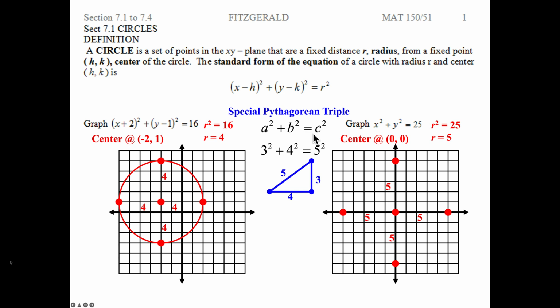And because your 5 is the radius, which could also be the hypotenuse of a right triangle, we have this special Pythagorean triple called the 3, 4, 5 right triangle. The 5 will always be the hypotenuse, the 3 and the 4 will be the legs. So what we can do is make a 4 by 3 right triangle, plot a point, or a 3 by 4 right triangle.